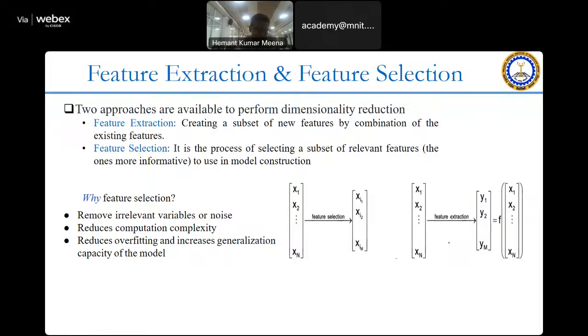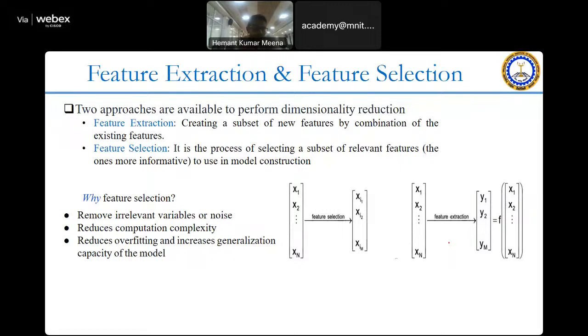From the previous session, what did we observe? It was the graph Fourier transform. When we applied the graph Fourier transform, it was feature extraction. What do you mean by feature selection? It is the process of selecting a subset of relevant features. What type of selection do you use?